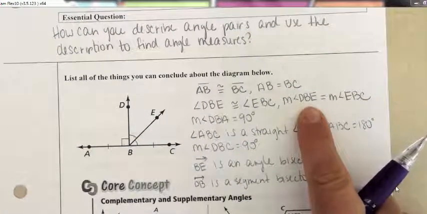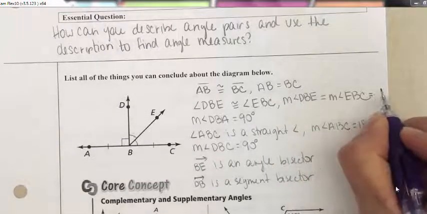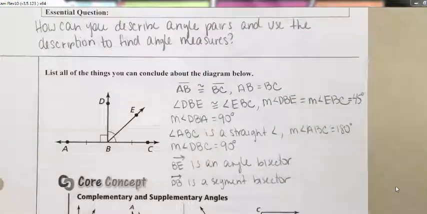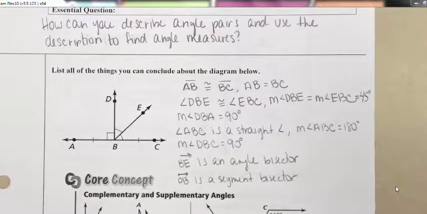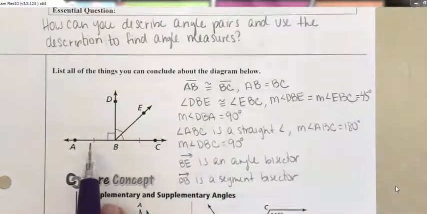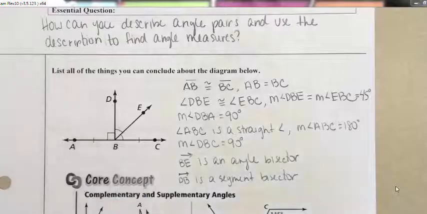Each of these is equal to 45 degrees, right? So this is going to be 45 degrees. All right, there might be more stuff, but I think we've listed a lot of stuff, and I'm pretty much out of room, so we'll just stop there. And I think we addressed every single little tick mark, little box, little arc, and pretty much everything that we've already covered in this class.